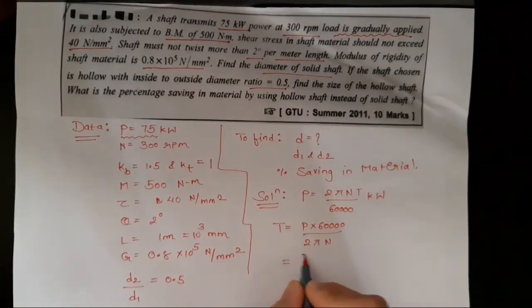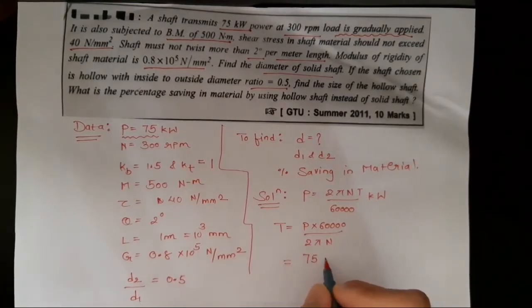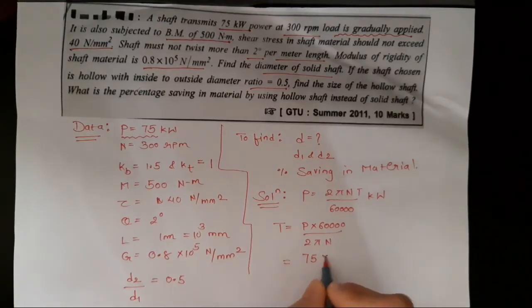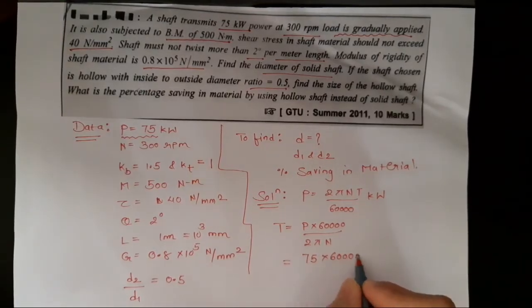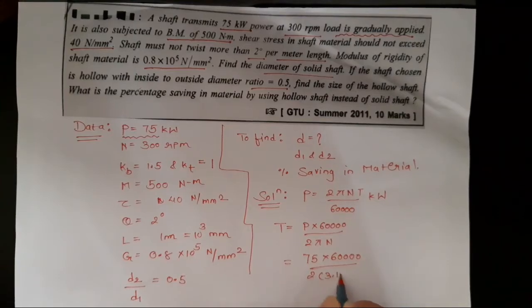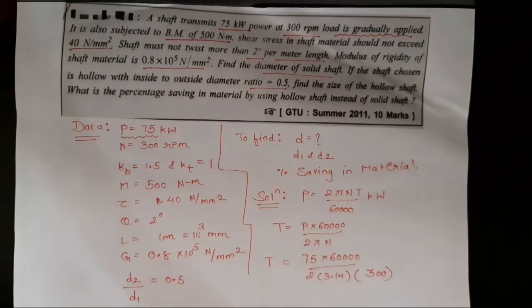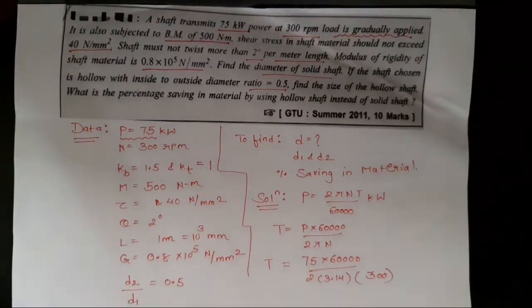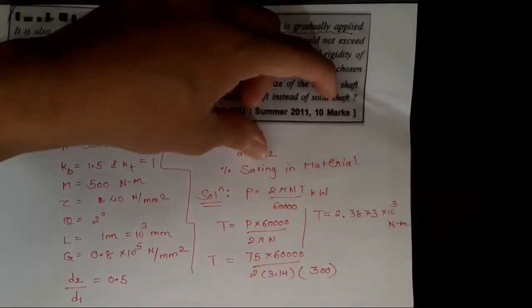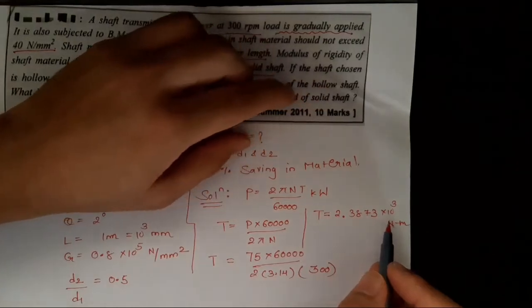Substituting the values, 75 into 60,000 divided by 2 into 3.14 into n, where n is 300 rpm. Calculating, torque equals 2.3873 into 10 raised to 3 Newton meter.